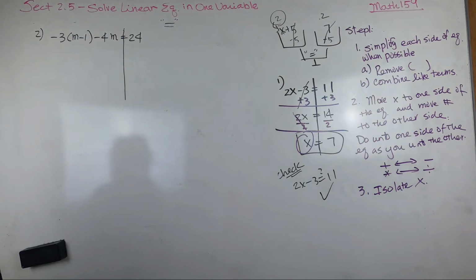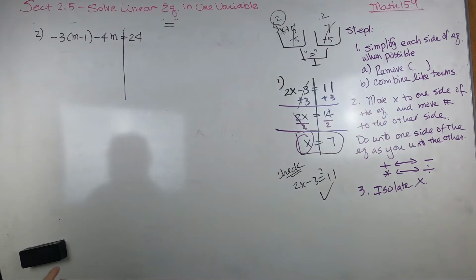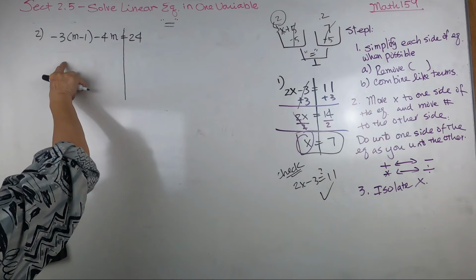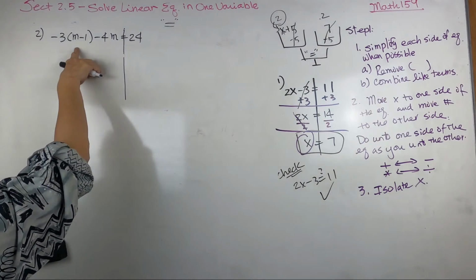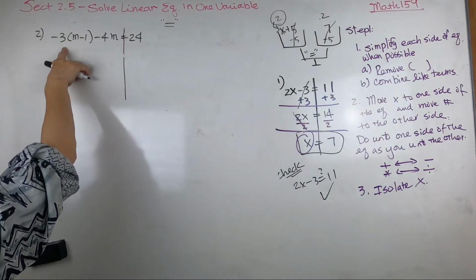For some students, it's very straightforward, okay? But for some of you, you get confused somehow. Then with a lot of practice, you'll be okay. When we do that, if you have a parenthesis, you have to follow the order of operations to simplify.